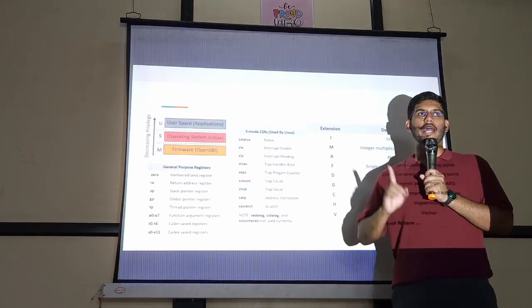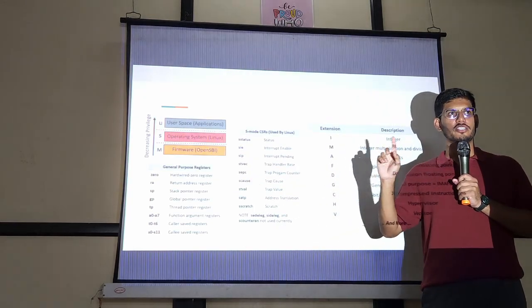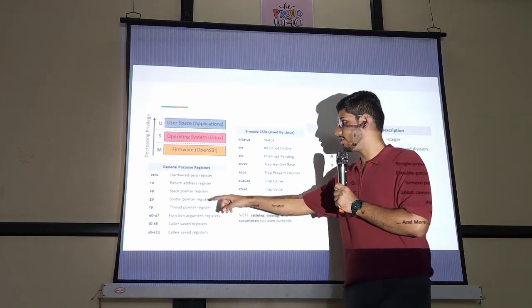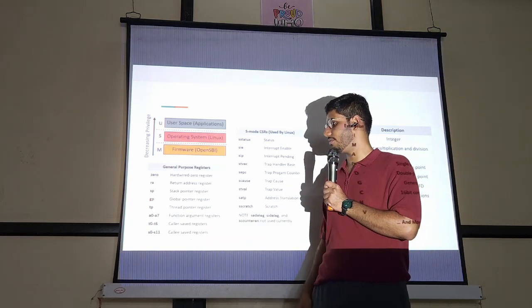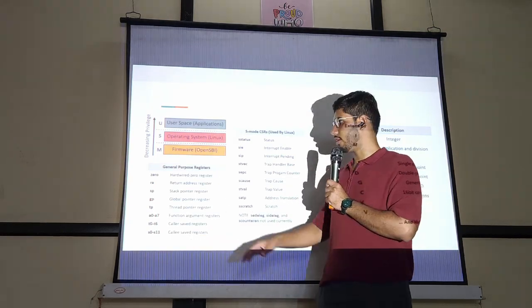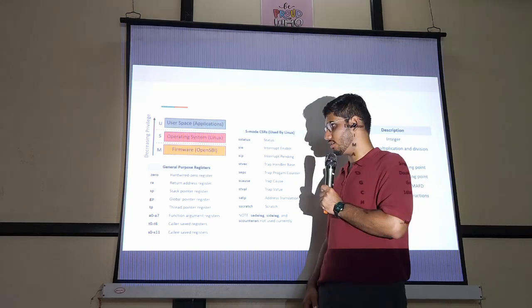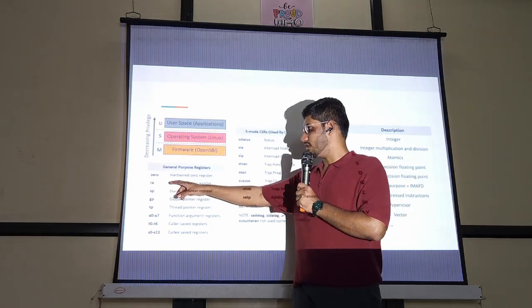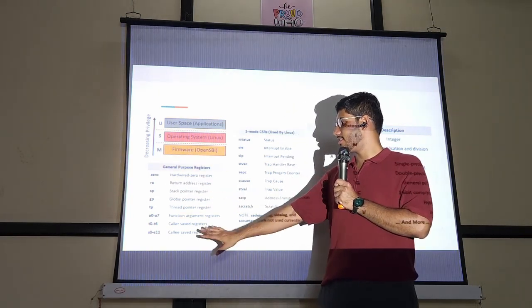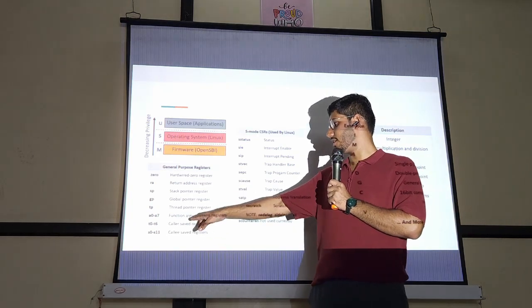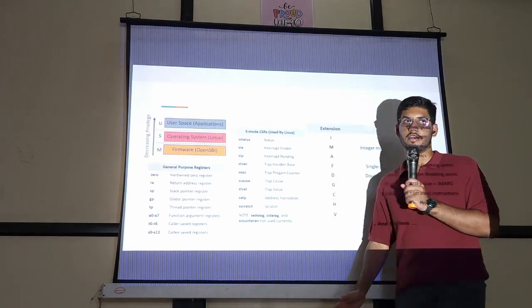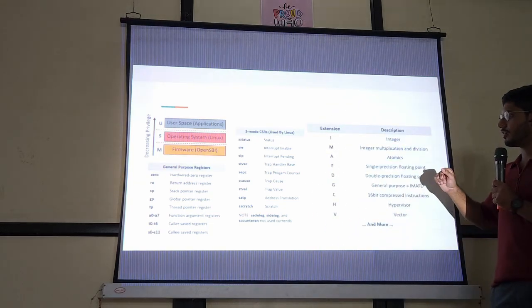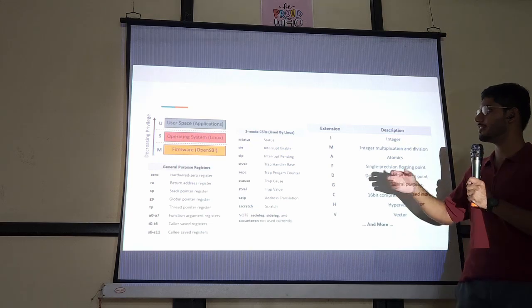Then at the start I told you about the 32 general purpose registers in RISC-V. These are the 32 general purpose registers which we use to work on RISC-V based SoCs. As the name suggests, these include function argument registers, the hardwired zero register and so on. One more thing, we'll talk about it in the next slides.